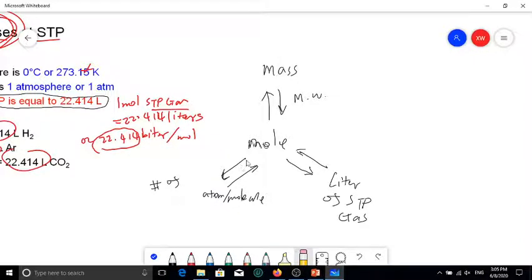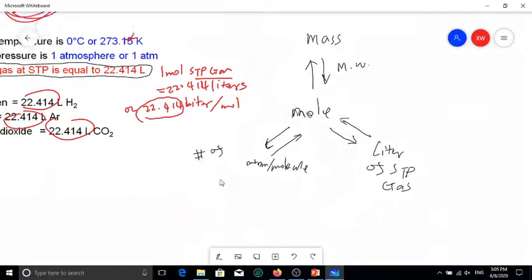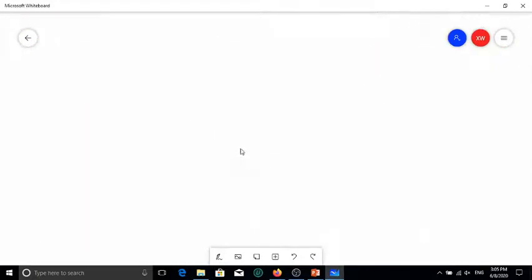You can go from molecules to liters, for which you don't need the molecular weight. It depends on what conversion you are trying to get. There are a lot more possibilities now by having three branches, 3 corners of the triangle. All right, so let's look at a few more example mole calculations here.